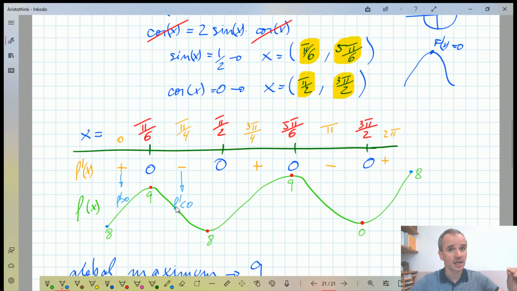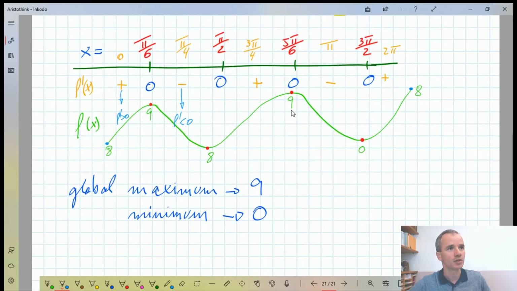But we have to understand first where the curve is going to change, and if it's going up or down between those 2 points. And once we understand, we have an x-ray of your function. Plug in the values at each extreme: 8, 9, 8, 9, 0, 8, and then you just have to tell which one is higher. 9 is the highest and 0 is the lowest.